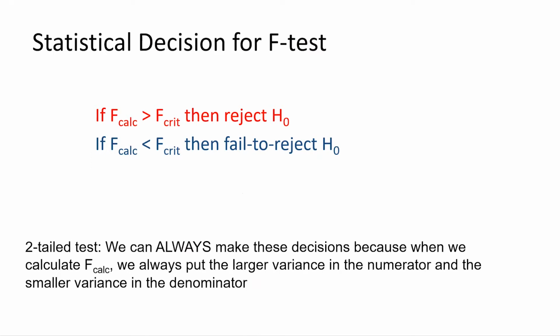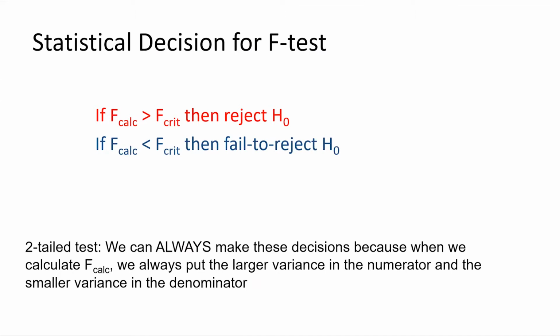What's nice about the F-test, using the two-tailed test and always having our larger variance on top, is that we can always make these decisions because when we calculate F-calc, we always put the larger variance on top. So our F-calc should always be greater than our F-crit when we reject the null hypothesis. Our F-calc should always be less than our F-crit when we fail to reject the null hypothesis.